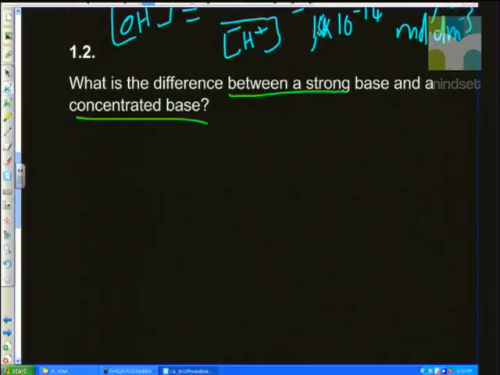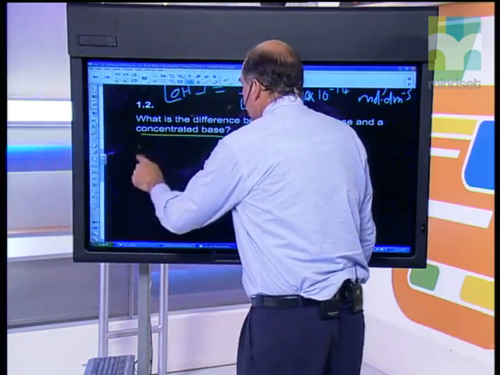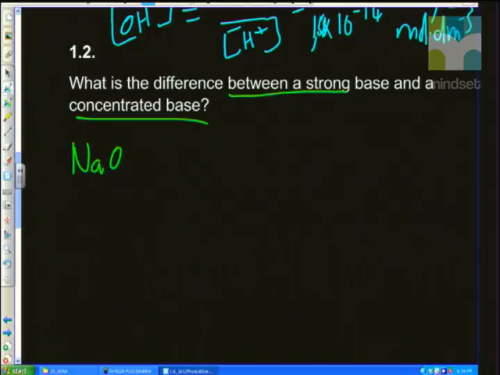Guys, this is an important theory question, and it comes up all the time. A strong base dissociates completely when placed in water. That means something like sodium hydroxide will produce sodium ions plus hydroxide ions.